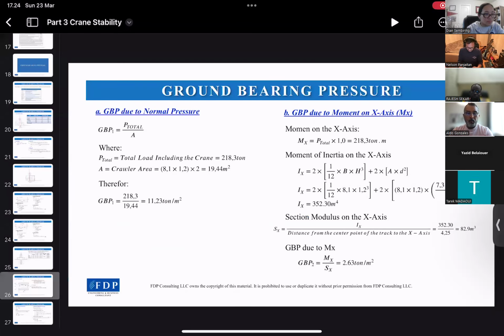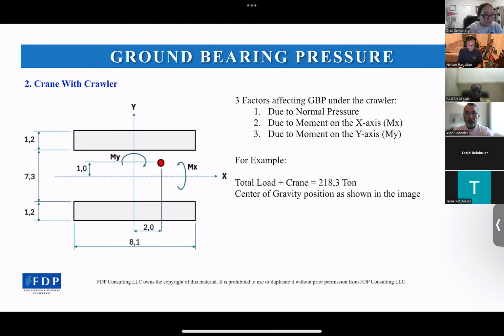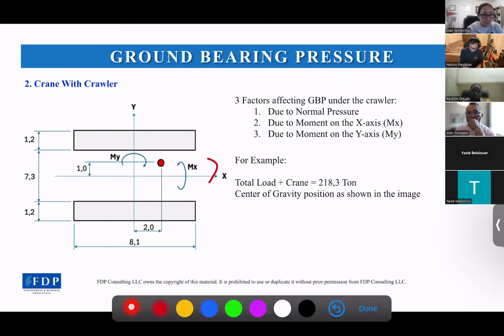Now let's go back to this slide again. If we look at the COG location, it will rotate this crane to this side, correct? Then that means this side will get more pressure than the other side, correct?